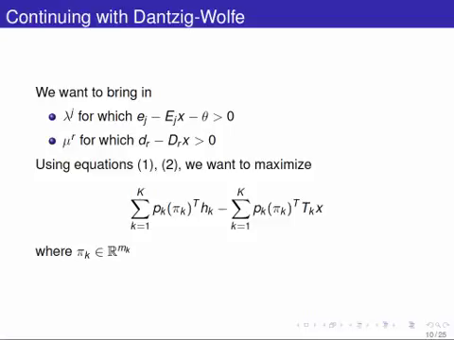Why? Because the reduced cost of the non-basic variables can be expressed as linear functions of pi. And why is that true? Because of equations 1 and 2. So again, the philosophy in Dantzig-Wolfe is we're not going to enumerate all the non-basic variables one by one. We're going to solve an LP instead, because it so happens that the reduced costs are functions of our variables.